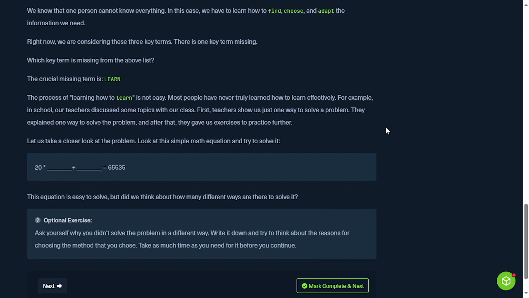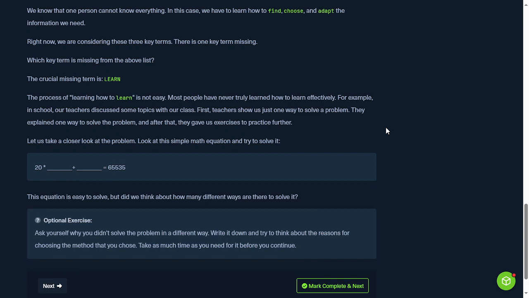Let's take a closer look at the problem. Look at this simple math equation and try to solve it. 20 times blank plus blank equals 65,535. This equation is easy to solve, but did we think about how many different ways there are to solve it?